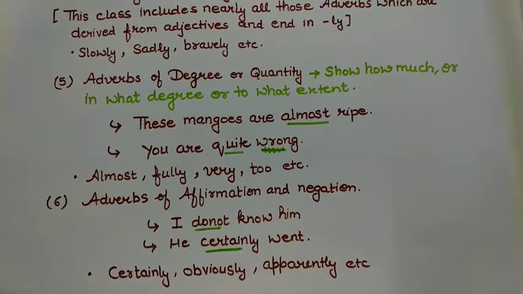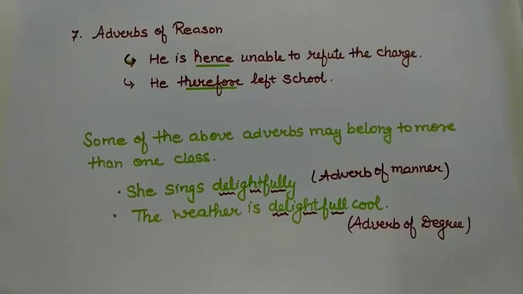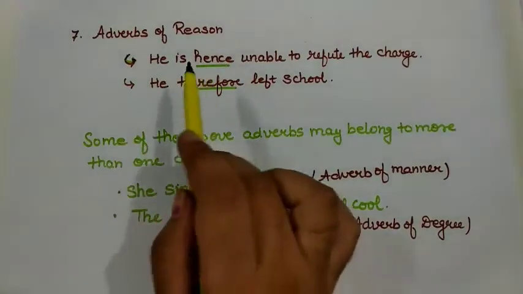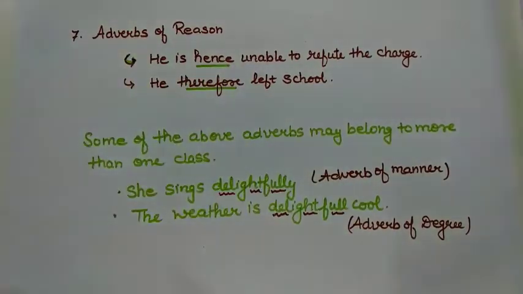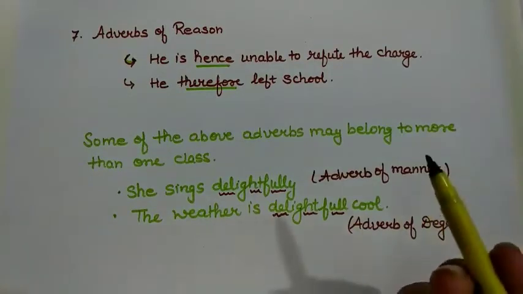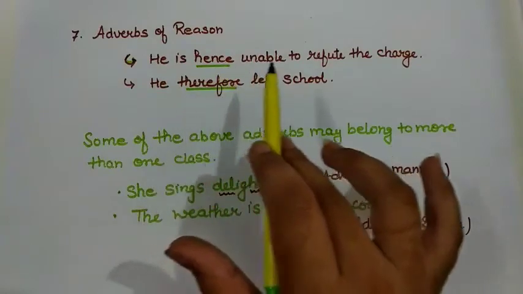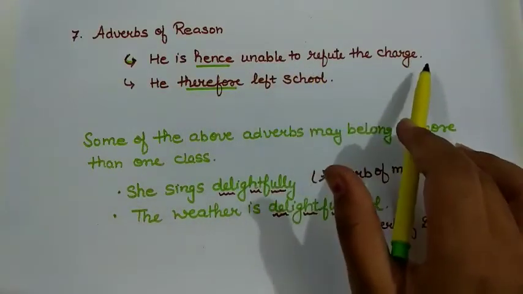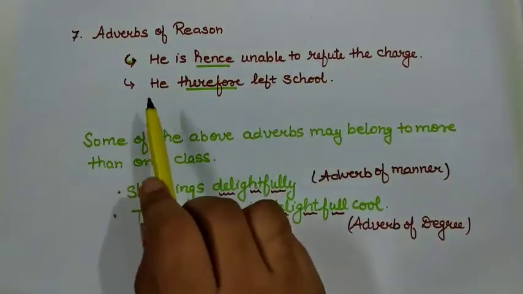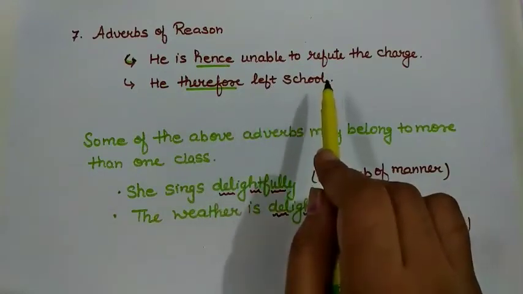Now the last type is adverb of reason. It is very clear from the name that we are talking about some cause and effect. Here, he is hence unable to refute the charge, and he therefore left the school.